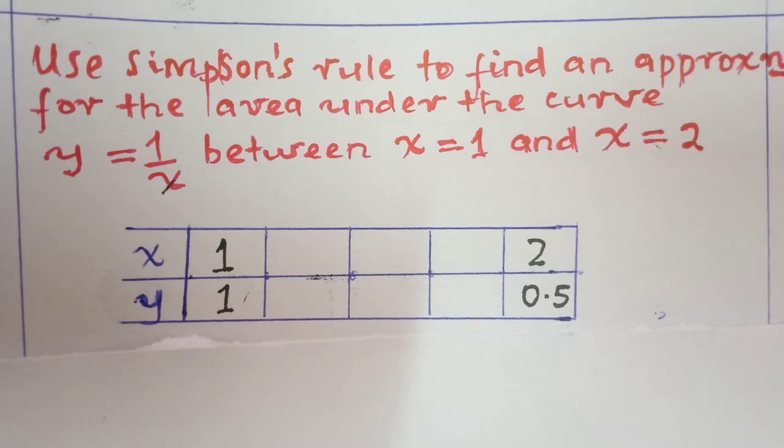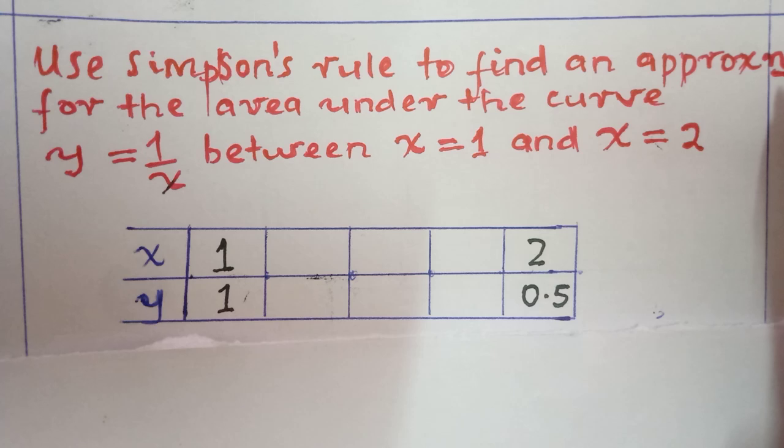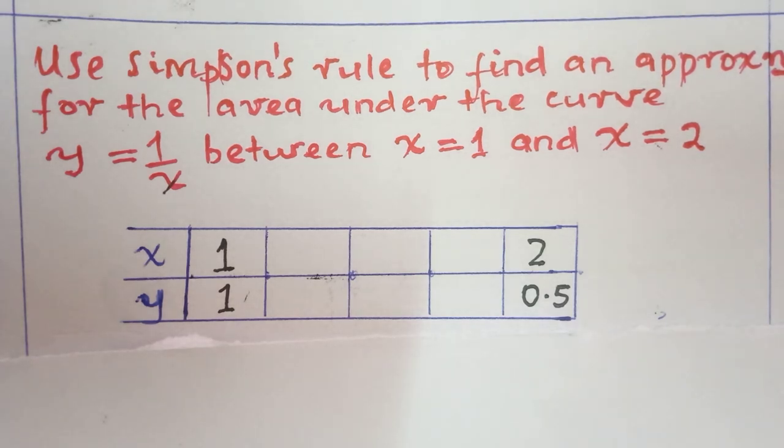The question states, use Simpson's rule to find an approximation. I have tried to shorten it. Of course, it's not written like that, but this is just a short form, for the area under the curve y equals 1 all over x, between x equals 1 and x equals 2.